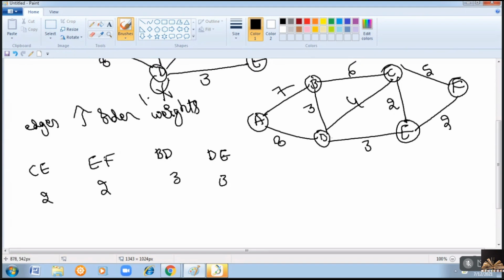After 3, the next minimum is 4. So the CD edge is having 4. After 4, the next minimum is 5. Right? So the CF edge with 5. Next 6, the BC edge is having 6.